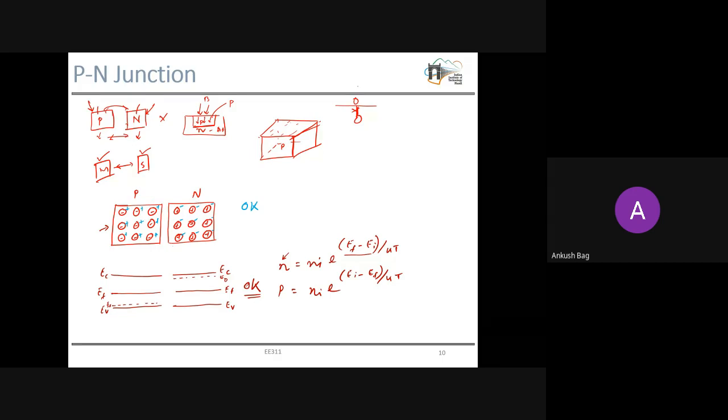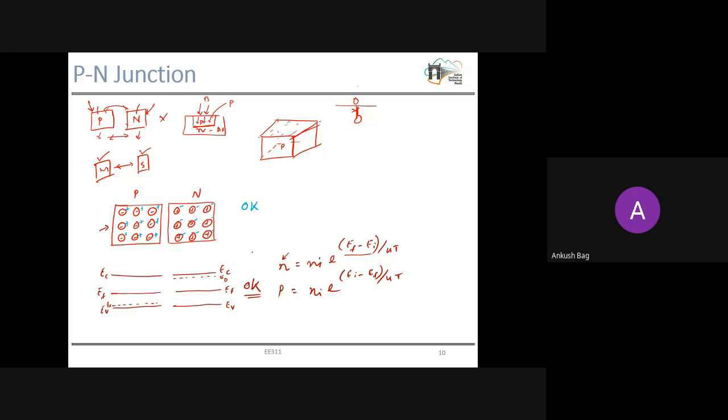Now the next step is to understand the PN junction behavior. Again, just for your information, understanding this PN junction diode is not very easy, although this is the most basic device structure or junction.